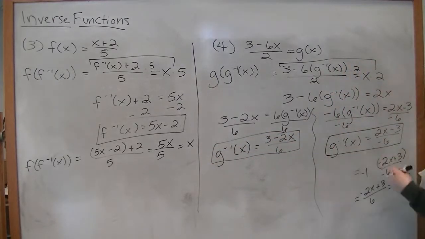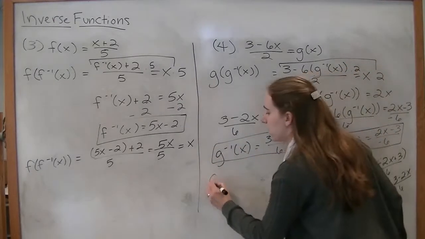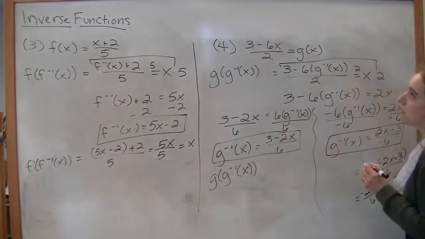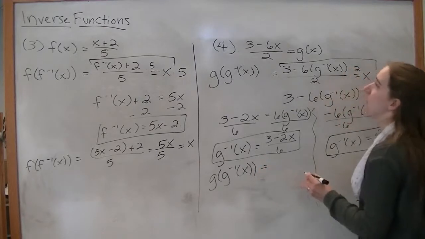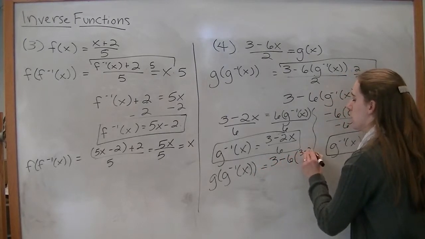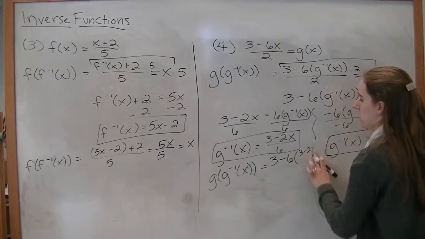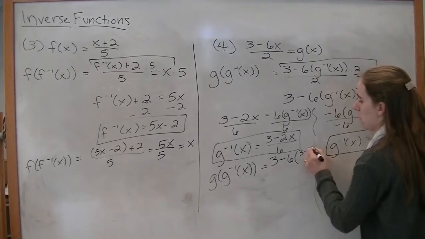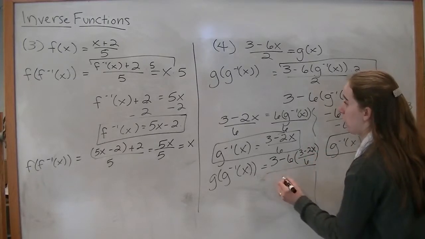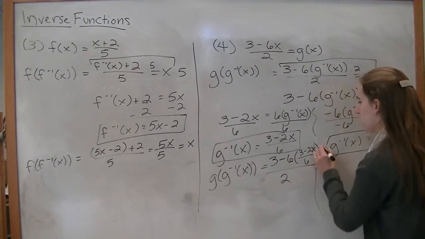To keep going with this one, I just want to double check, make sure that we have the right inverse. So, g of g inverse, divided by 2, there's our g of g inverse.